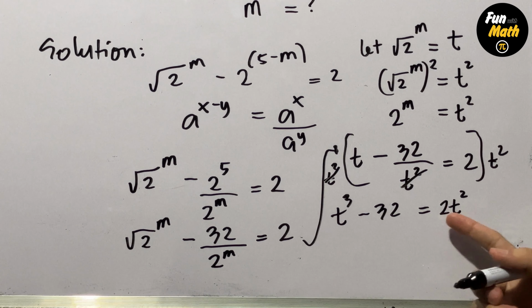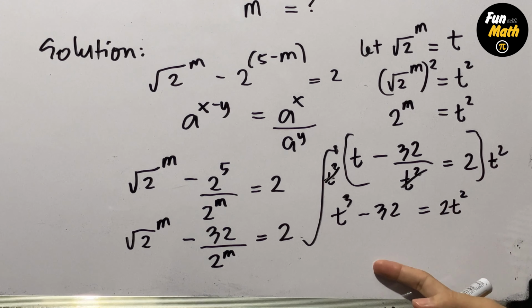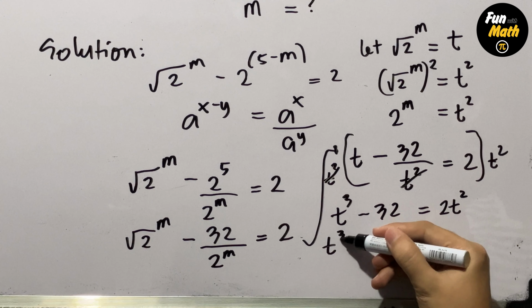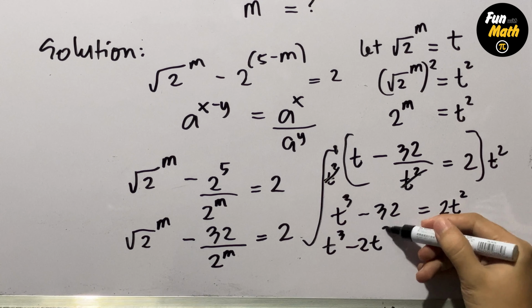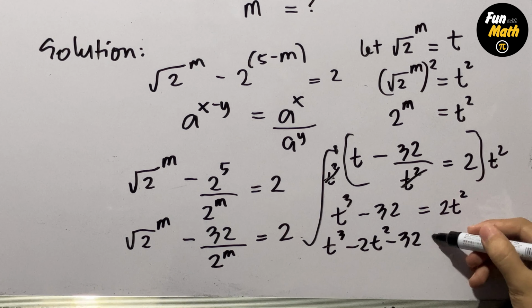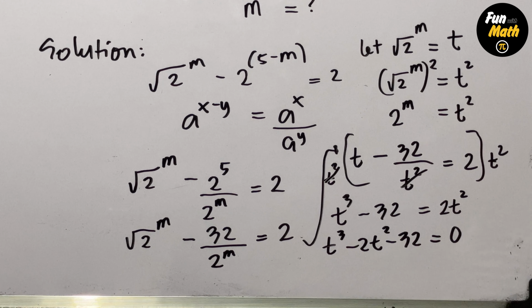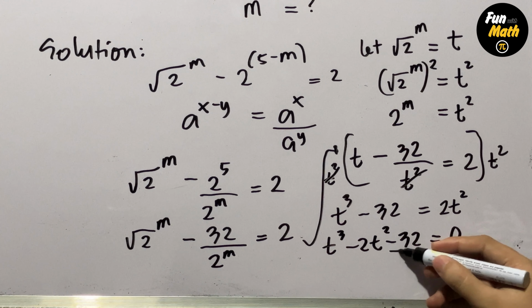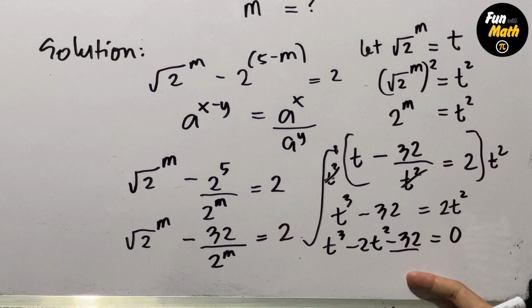Now let's take 2t squared to the other side. So this is now t cubed minus 2t squared minus 32 is equal to 0. Now this is a cubic equation. What we are going to do is grouping and factoring. To do the grouping and factoring, for our negative 32, let's expand this into negative 64 plus 32.